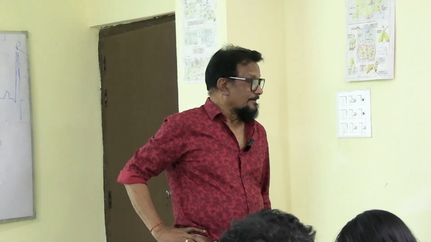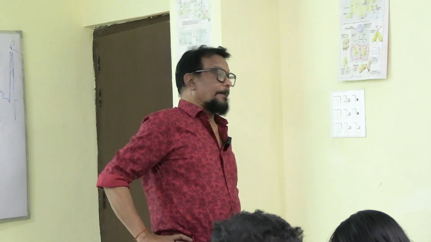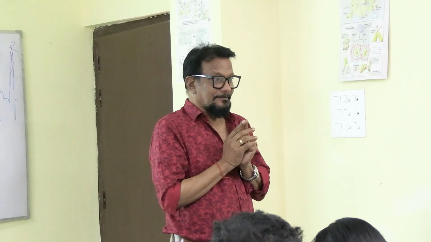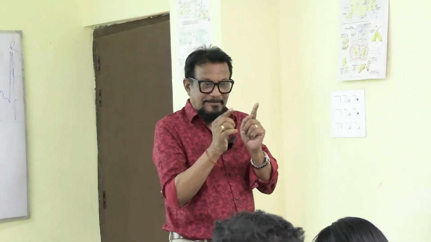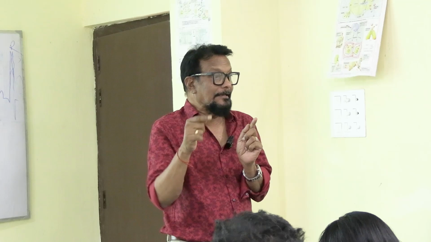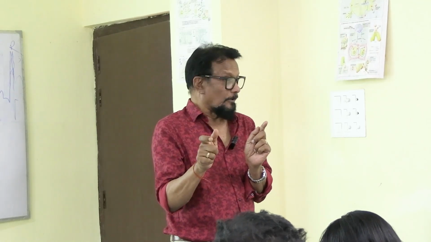One is first degree, another is second degree, another third degree block. What happens in first degree block? The PR segment will gradually increase. So in one beat it was this much, in the second beat the PR interval was this much, third beat this much, then only again it will be small.